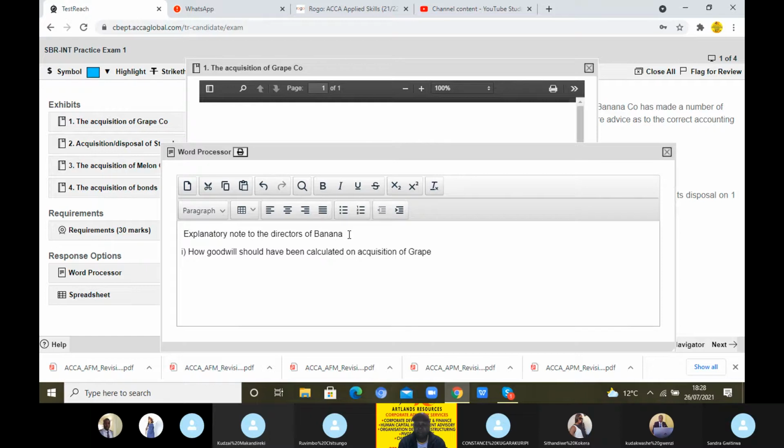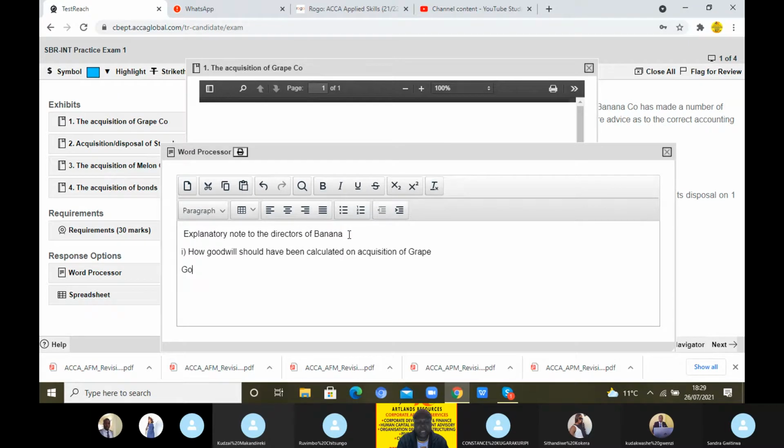So this is how you go about it, and then you go to your point. You know how to calculate goodwill, so you need not define what goodwill is. They want to know how it should be calculated. They know what goodwill is.